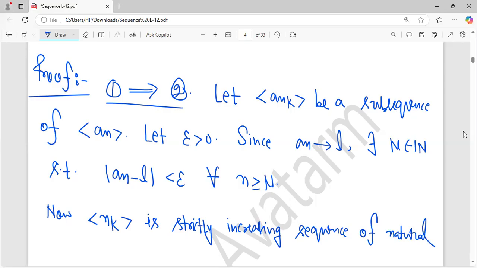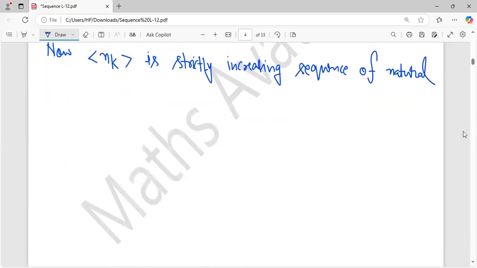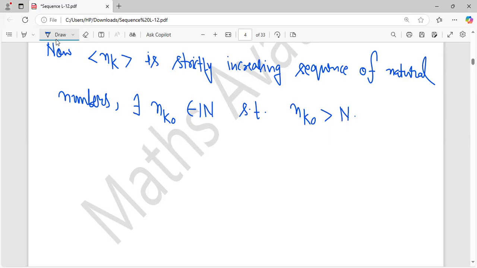So this implies there exists k naught belonging to N such that n_{k naught} will be greater than capital N. Then |a_{n_k} minus L| will be less than epsilon for all k greater than k naught.